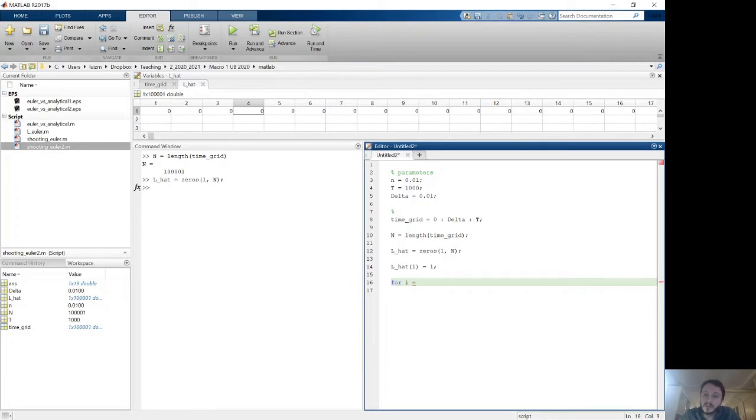The index will start at 2 because we already have defined the first entry here, and then it will range up until 100,001, which is big N. Let's close the loop here. And then we just use the Euler method because we are iteratively defining the next values of the vector.